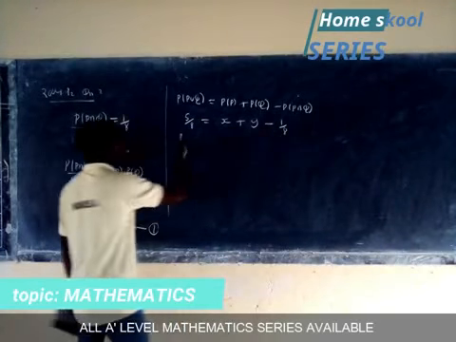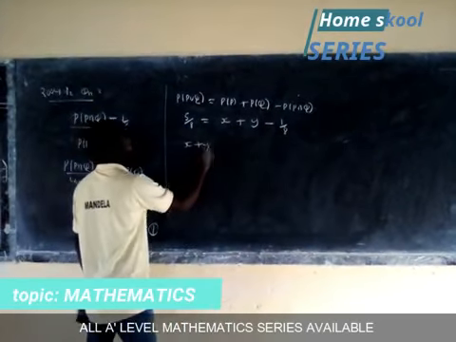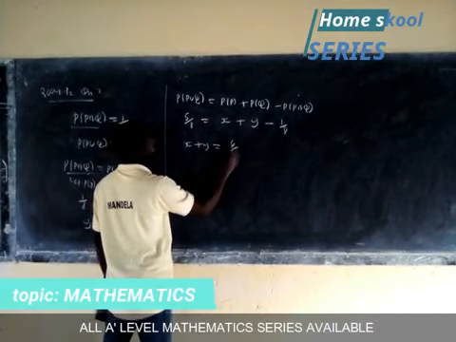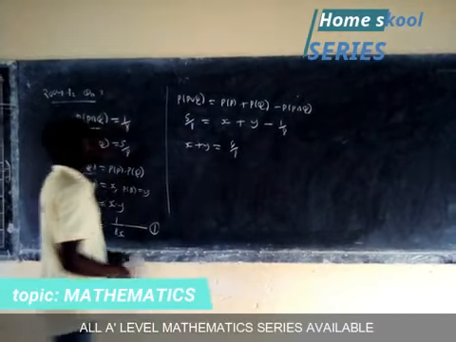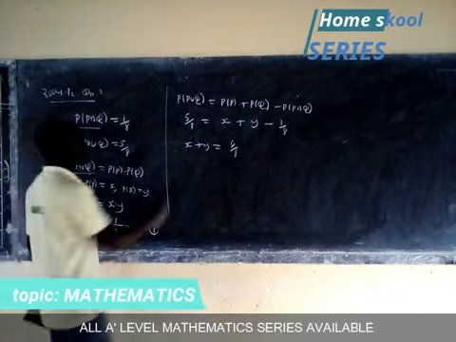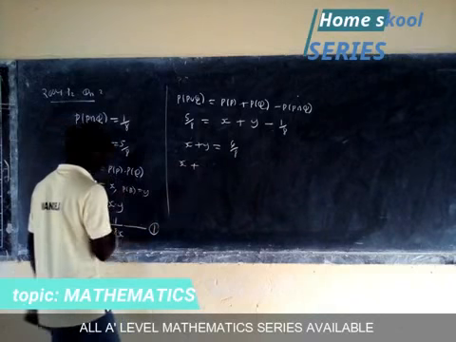This can come this side, giving us X plus Y is equal to 6 divided by 8. Remember, I can express Y in terms of X, giving us here X plus 1 out of 8x.